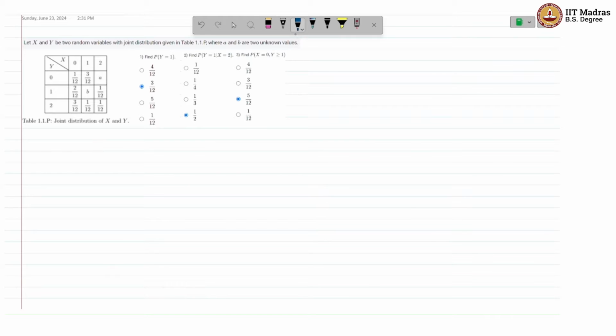And how will we do that? We'll do that by using the axiom that the sum of the probabilities of all possible xy pairs is equal to 1 for a discrete joint distribution.